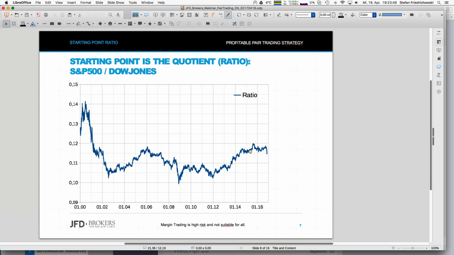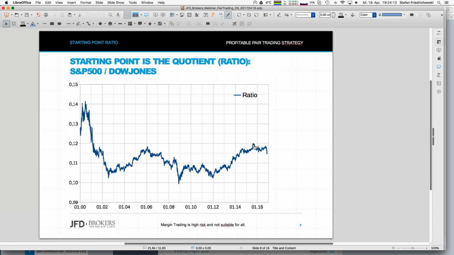What does it mean? It would mean that the S&P 500 is, for example, stronger than the Dow Jones, because if the S&P 500 increases a little bit more than the Dow Jones, then the ratio of the two would increase as well.